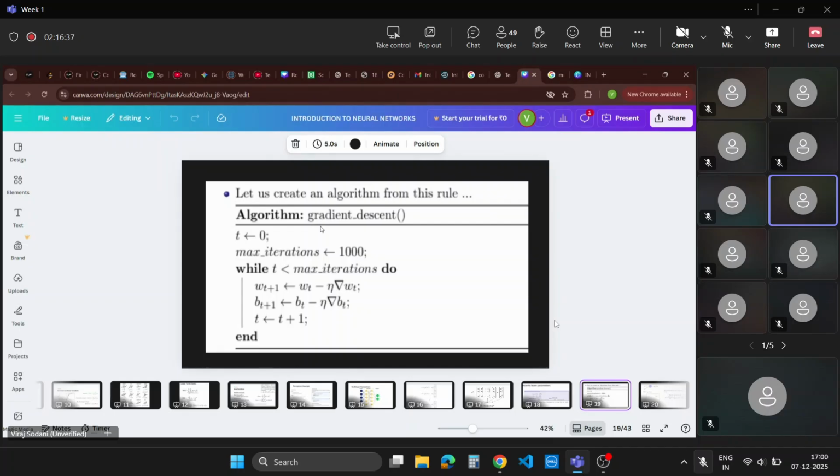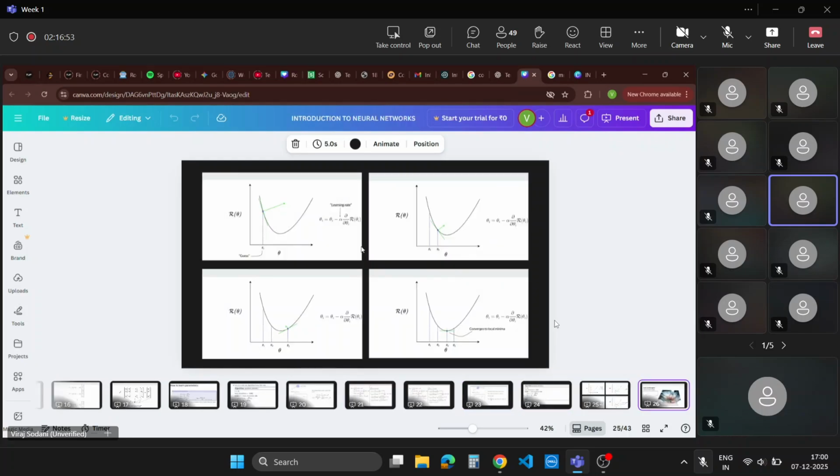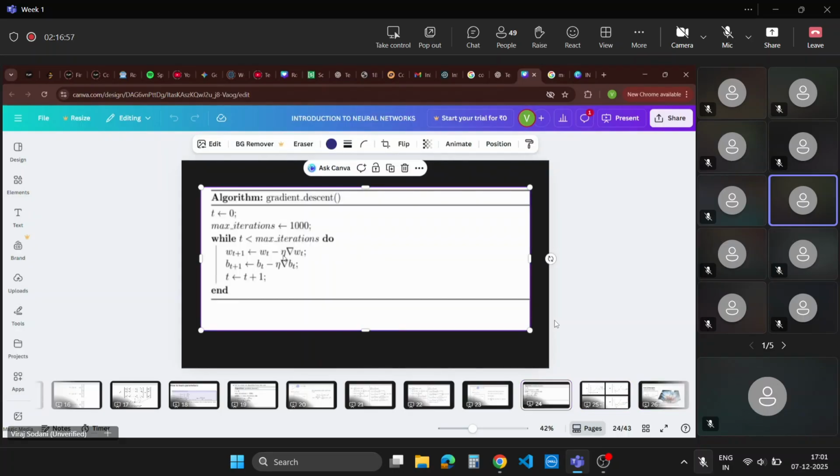So when you go to a newer optimizer, that is a newer algorithm, you will have a different formula. But for gradient descent, the basic formula is this one. If you want to optimize it as well, as I said for stochastic gradient descent, you change the value of eta in the SGD part.